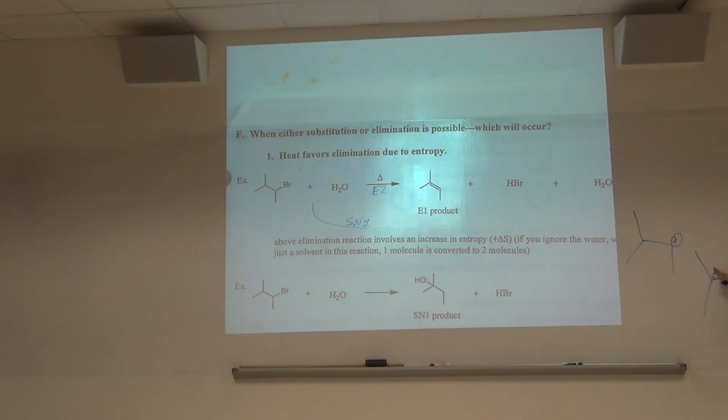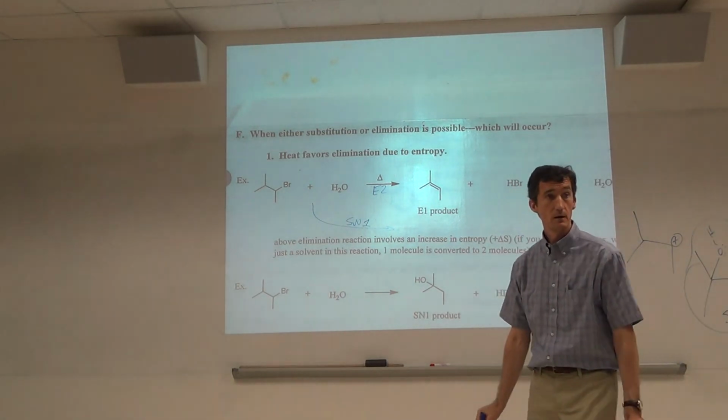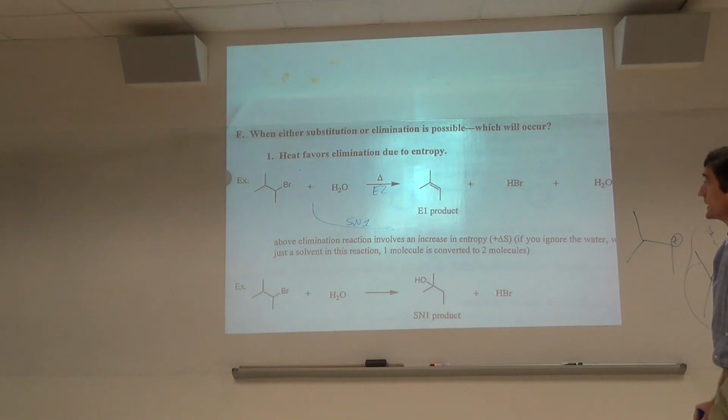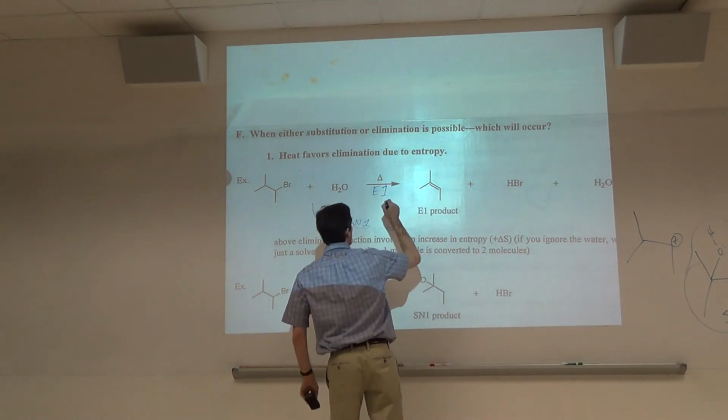Yeah. And if you can rearrange, always do that. Water adds to it, and so we get something that looks like this. But then Br minus takes the H, and you end up with that. See, this is your SN1 product. Why'd you put E2 under that? I'm not sure. That's E1. Thank you.